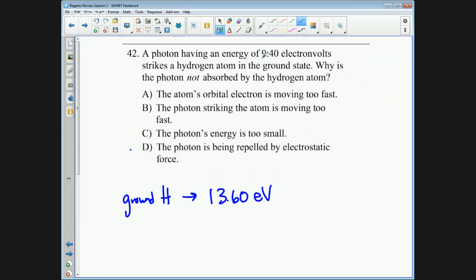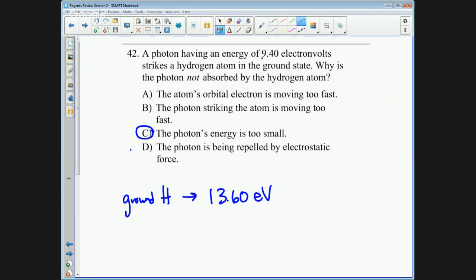The photon that it's trying to get absorbed is 9.40 electron volts. So the answer here is C, the photon's energy is too small. All the other ones are not true.